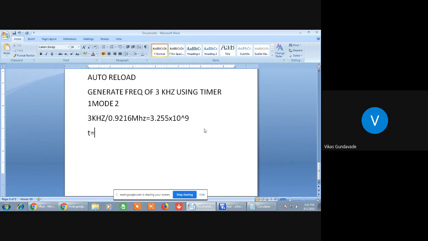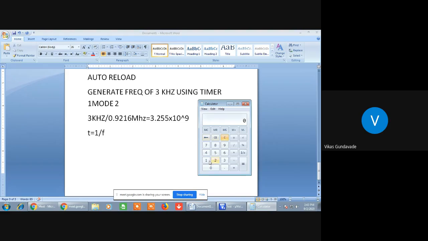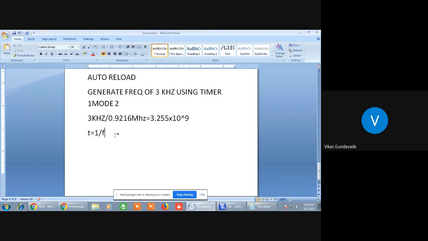According to that, the time will be equal to 1 divided by f, so we divide by 3.255, which gives 0.3072 multiplied by 10 to the power minus 9. I think the time count t will be equal to 3072, with zeros after it. I think it's too much.